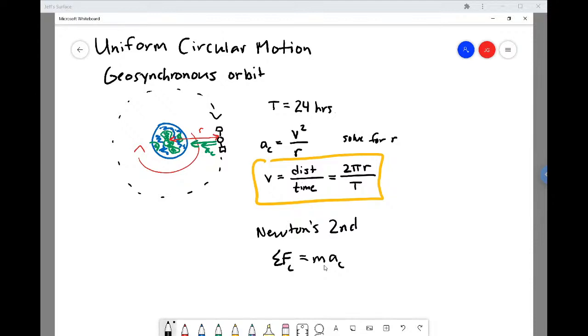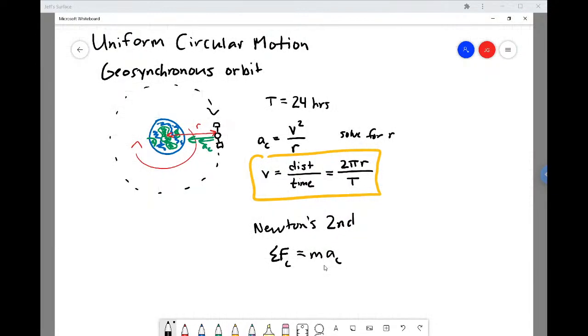So what force is causing the centripetal acceleration? In this case, it's the gravitational attraction between the Earth and the satellite. So Newton also gave us a formula, his law of universal gravitation, that allows us to calculate how strong this force is. So in this case, the net force on the satellite is equal to the force of gravity, just to call it F sub g, between the satellite and the Earth.